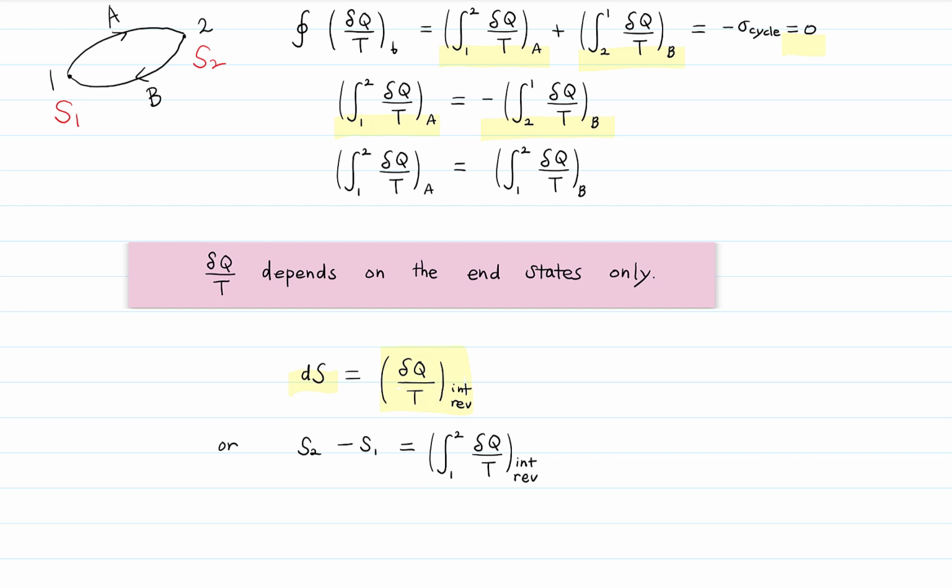Or the change in entropy of a substance during a process is simply the difference between the entropy values at the final and initial state. So it is related to the heat transfer divided by the absolute temperature where the heat transfer occurs.